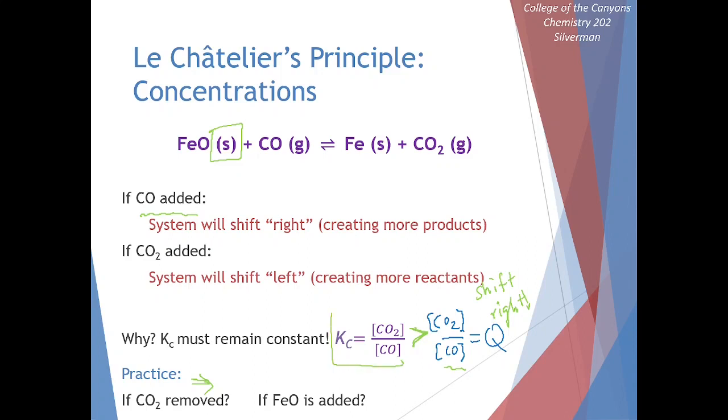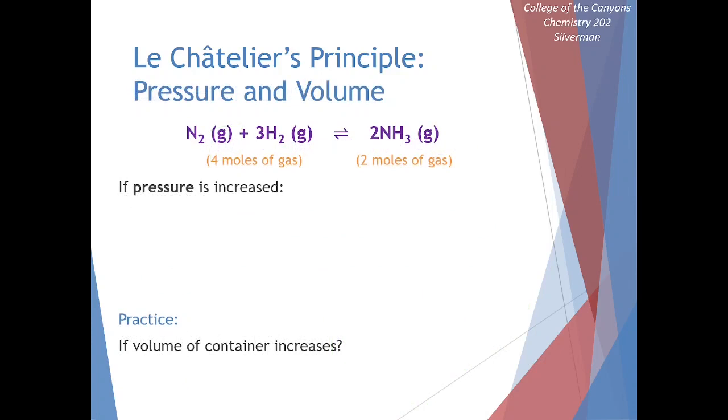In our K expression, the iron(II) oxide doesn't actually appear in that equilibrium constant. This will have no effect, no change. And so this is how we can deal with adding or removing chemicals, changing the concentrations, and trying to regain equilibrium from there.